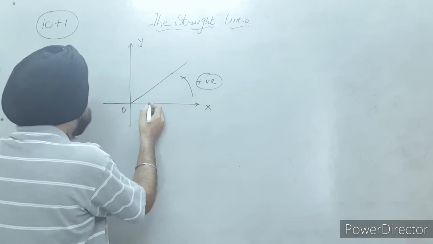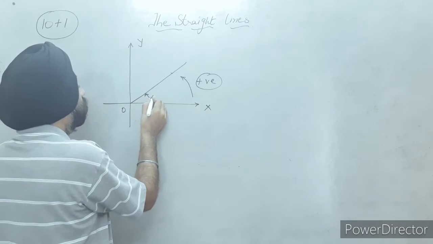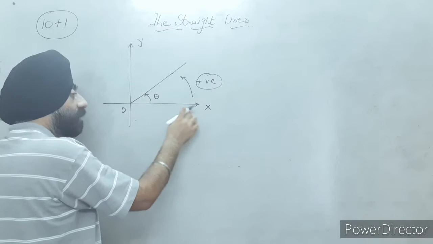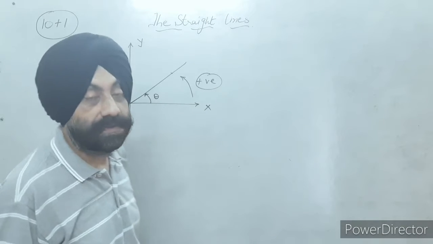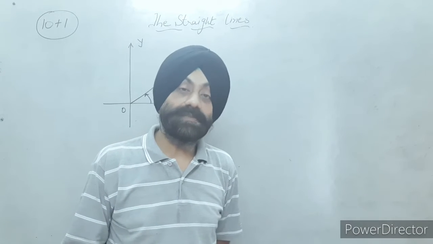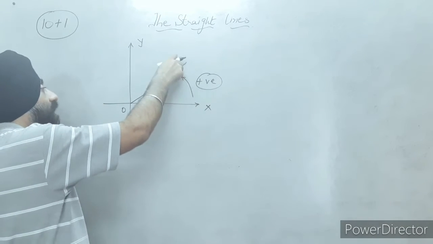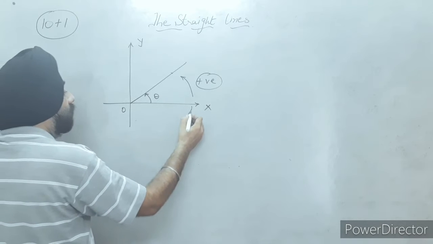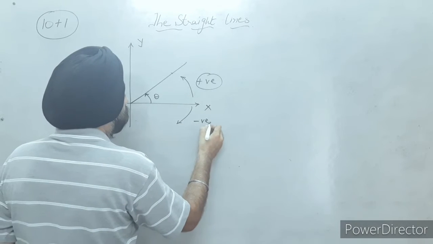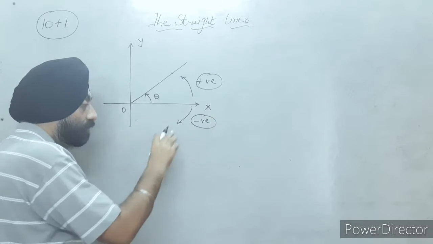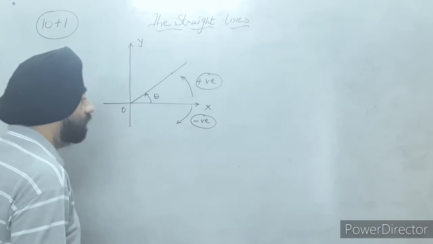Now suppose this line makes an angle theta with the positive x-axis. The angles will always be measured from the positive x-axis, right? If I change the direction, then I will have a negative direction. That is, clockwise direction is taken as negative direction.